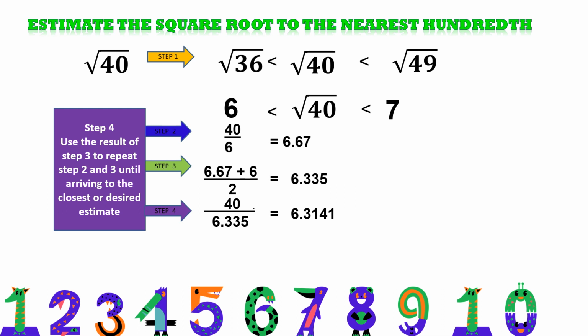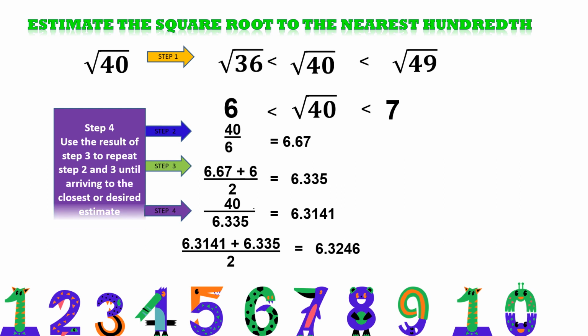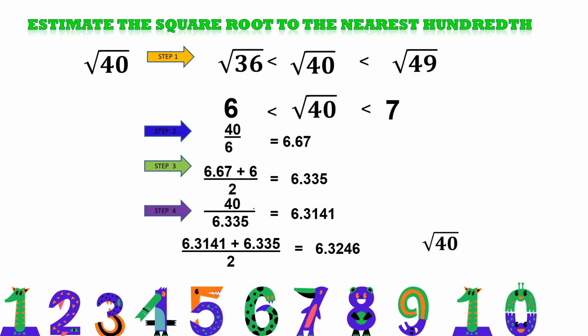Step number 3, find the average. So average ni 6.3141 and 6.335. So ang answer is 6.3246. The approximate value of square root of 40 to the nearest hundredths is 6.32.